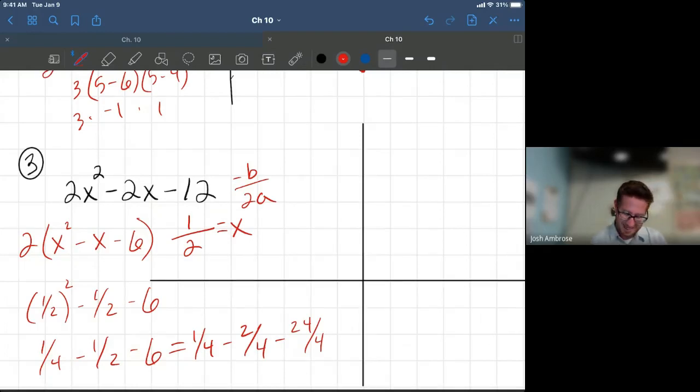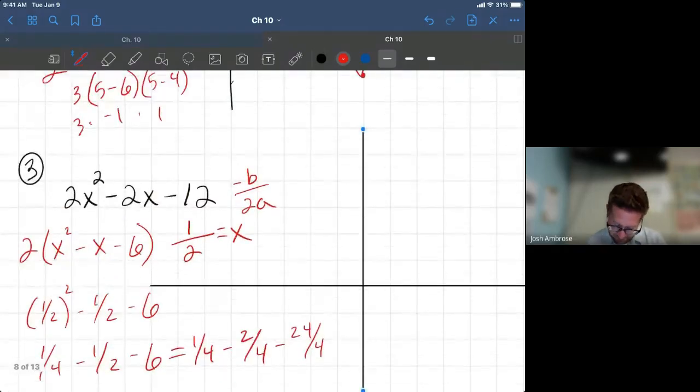It's actually a negative 25/4. So let's write that out. That equals a negative 25/4.